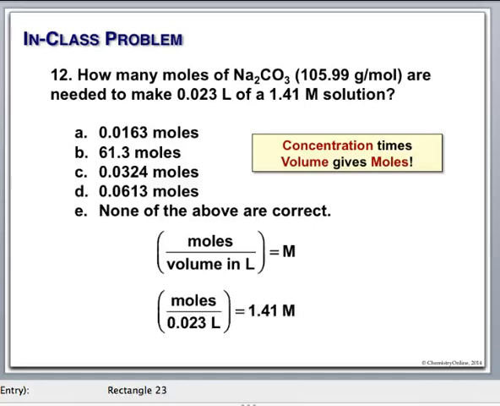Concentration times volume will give us our moles. If you can't remember that, just remember our simple definition here. Moles divided by liters is molarity. We do this calculation, and we have 0.0324 moles. Concentration times volume is moles.